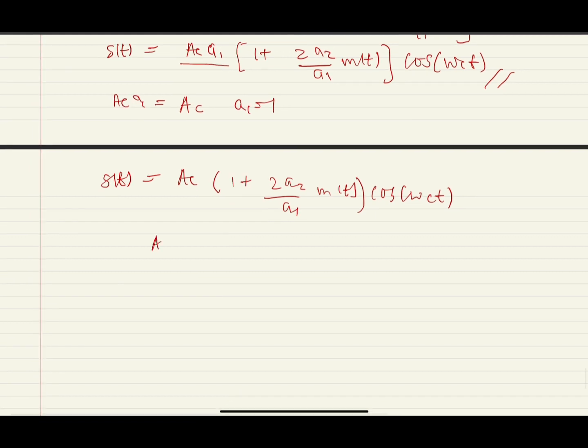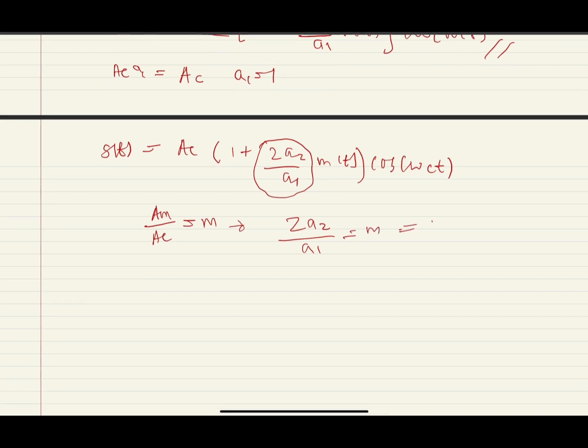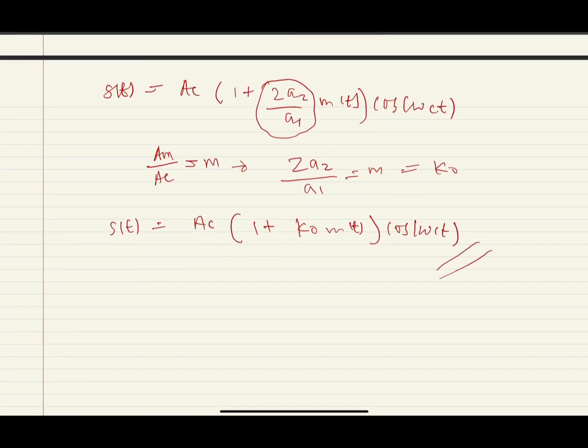We saw AM over AC, which is equal to M, our modulation index, and in this case the modulation index becomes 2A2 over A1, where A2 and A1 are all constants, or some gain, which is equal to M. We can also represent it as K naught, and therefore the equation can be written as AC into brackets 1 plus K naught M of t cos omega ct.